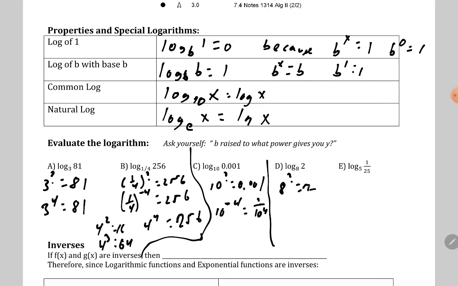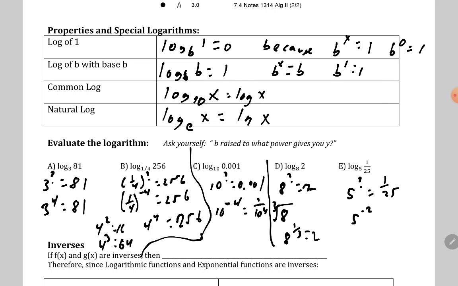How do we get from 8 to 2? We take the cube root, and that is the same as 8 to the 1/3. 5 to what power is 1/25? That would be 5 to the -2.